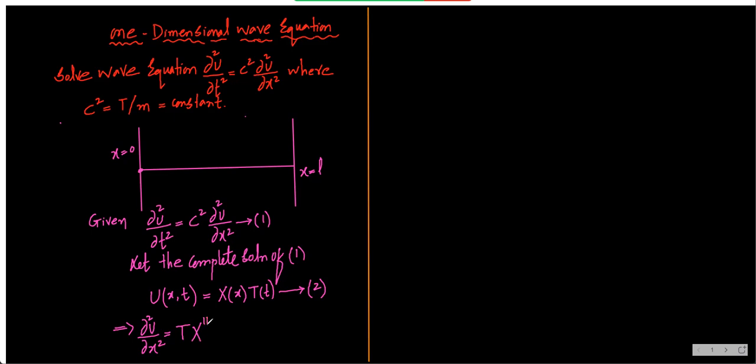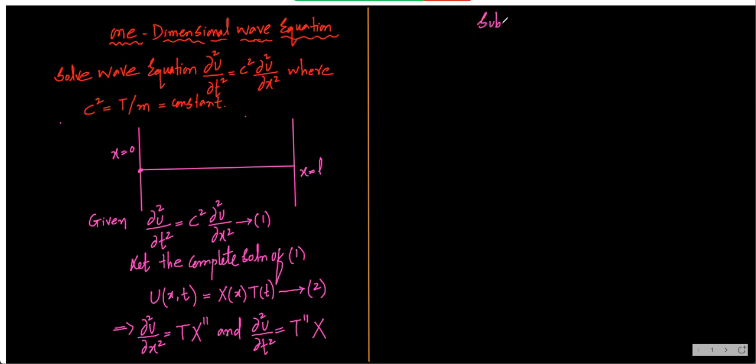This is X double dash, correct? And ∂²u/∂t² is a similar story but in a different way. It will be T double dash into capital X, because we are differentiating T two times and X will be a constant. Now we have to substitute these values in equation number 1.